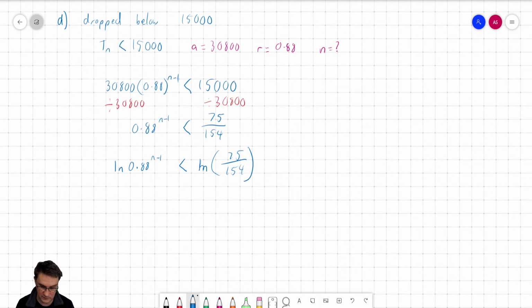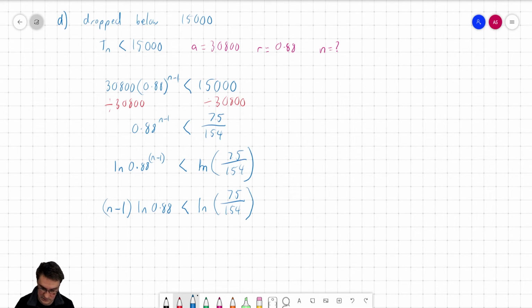Now, I want to apply my log laws. So this n minus 1 can come down the front, and so that means we can make n the subject now. We have n minus 1 in brackets, ln of 0.88, and that's going to be less than ln of 75 over 154.